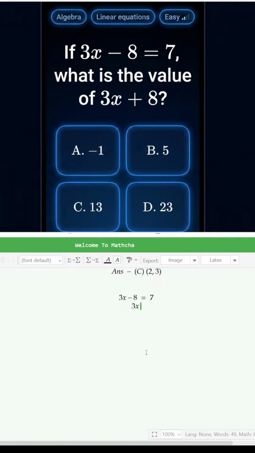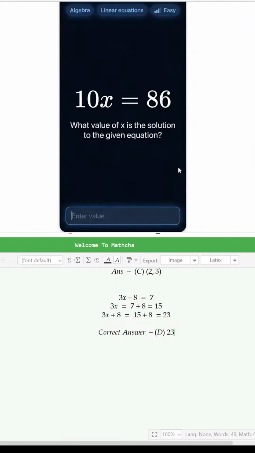Then 3x will be equal to 7 plus 8, that is 15. So 3x plus 8 will be 15 plus 8, that is 23. So 23 should be the correct answer, and 23 is option D here. So option D, 23 is the correct answer. Now let us go to the next question.